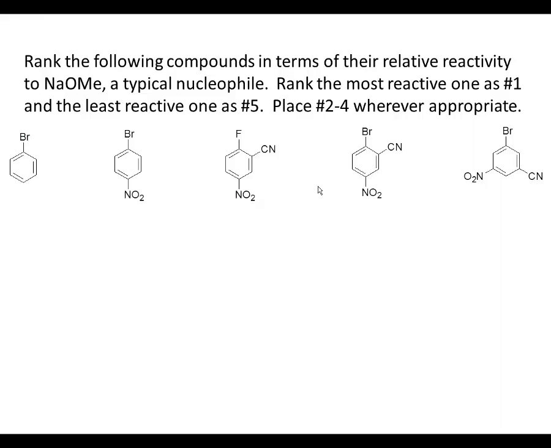So we're looking for two factors here. One, we want as many electron withdrawing groups in ortho and para positions as we can get, and fluorine would be better than bromine. Okay, so here we go. EWG, EWG, ortho and para.